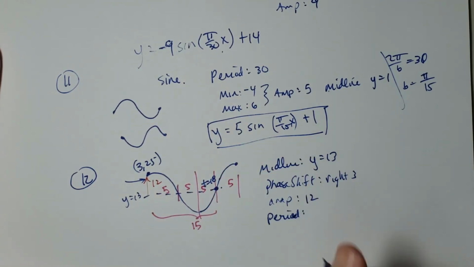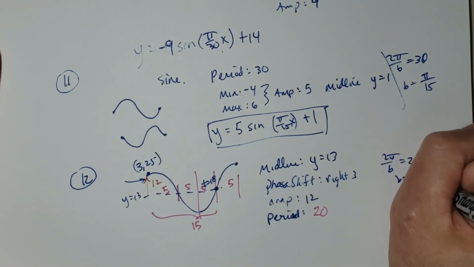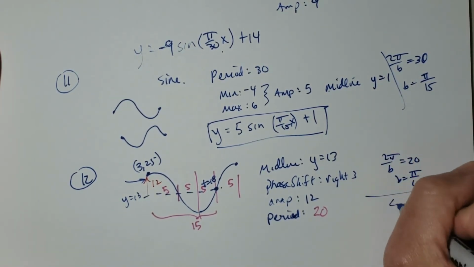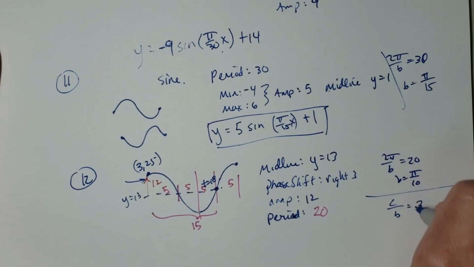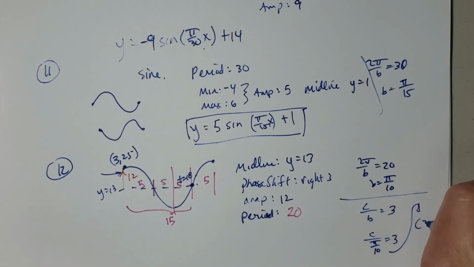The last one's going to be 5, which means my period here is 20. So 2 pi over b equals 20, b equals pi over 10. c over b equals 3, so c over pi over 10 equals 3. So c equals 3 pi over 10.